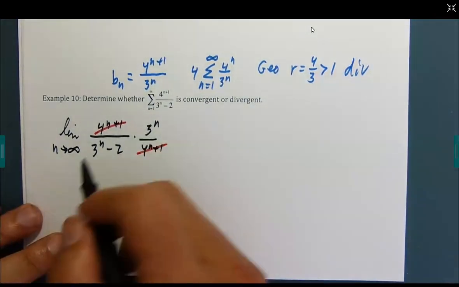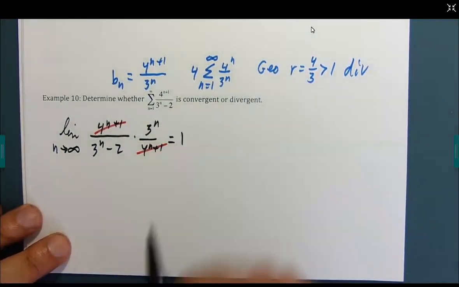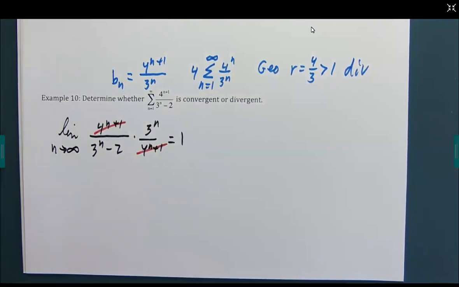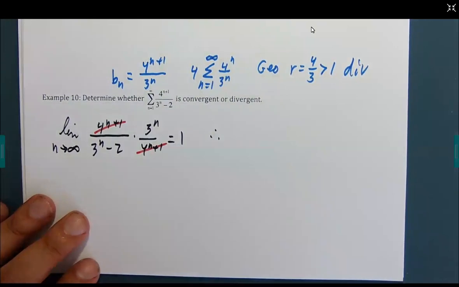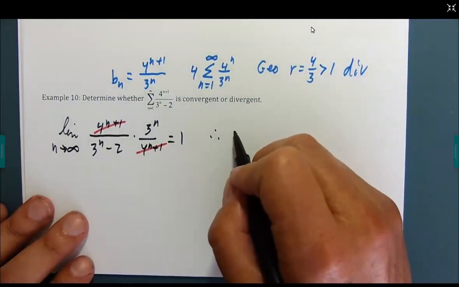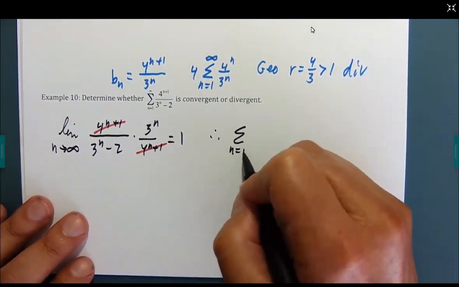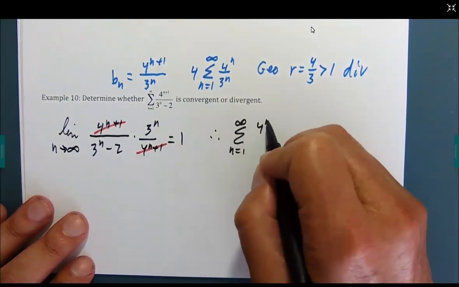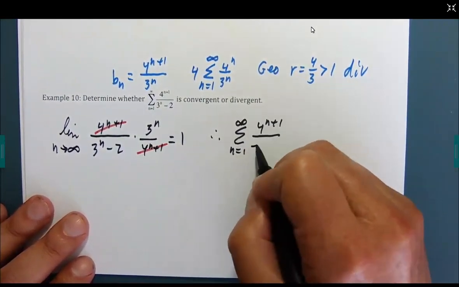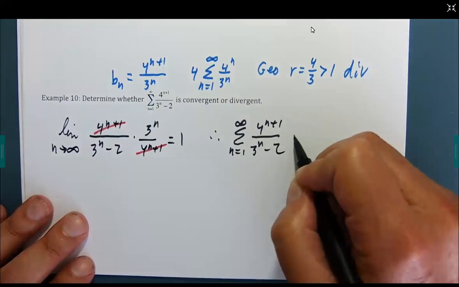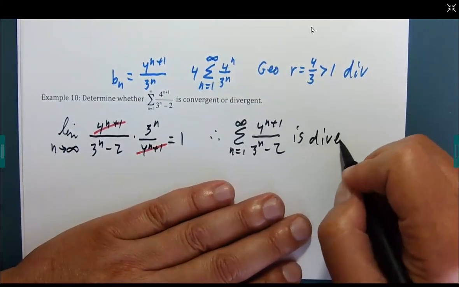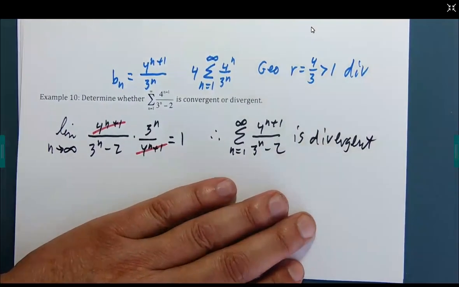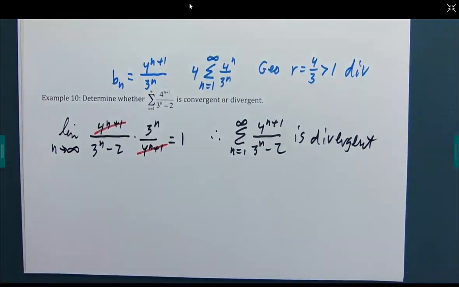Because that -2 out at infinity will become irrelevant, that limit goes to 1. So it's a good comparison. And our conclusion is that our series is divergent. And those are the comparison tests.